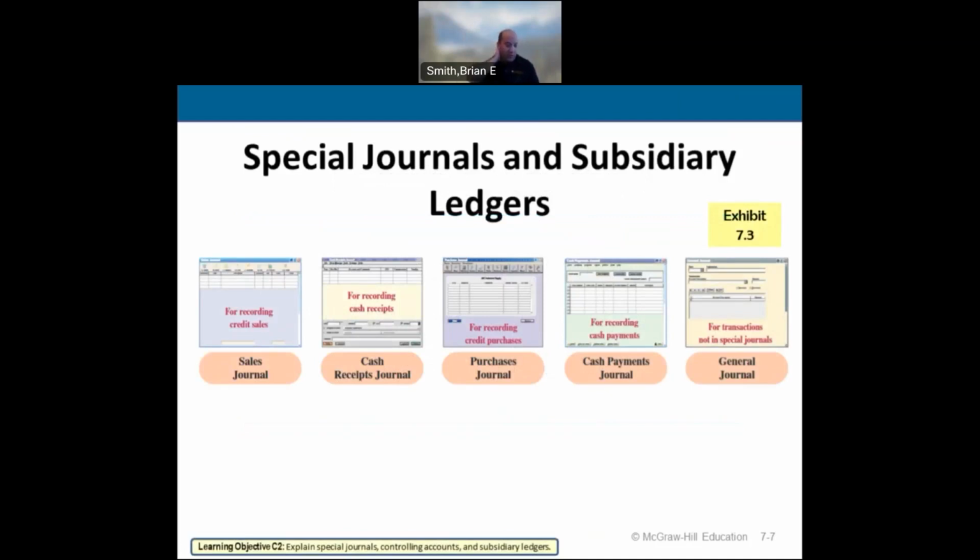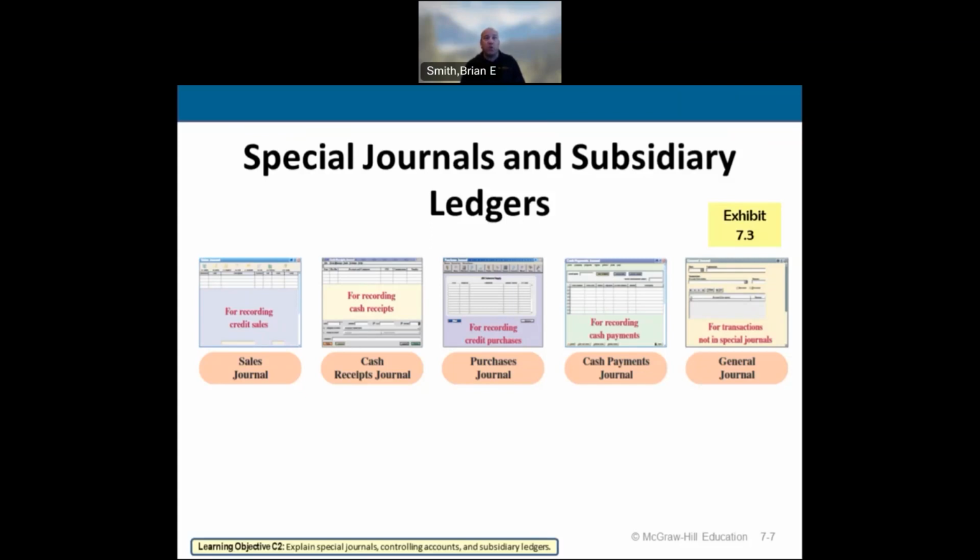But if the company uses special journals, then the general journal is going to be used for transactions that don't go into other journals. First, you have the sales journal. The sales journal is used for recording credit sales only, because if you have a cash sale, it's going to go into the cash receipts journal. For any cash that the company receives, it's going to be put in the cash receipts journal.